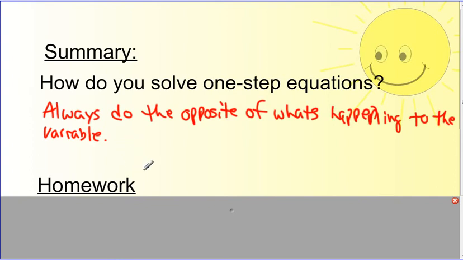If it's multiplying, you divide. Always do the opposite of what's happening to the variable. Add and subtract are opposites. Period. Multiply and divide are opposites.